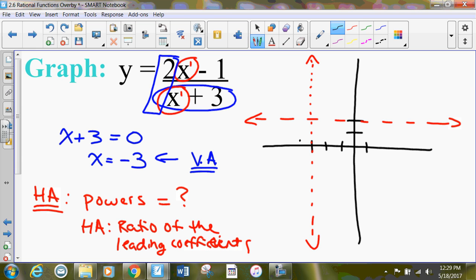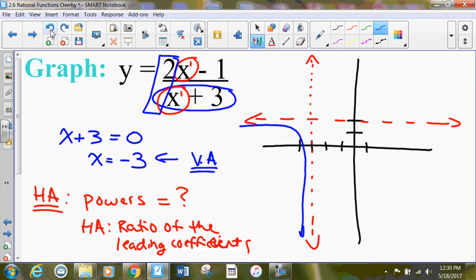So aren't you curious to know what happens on the left side of the vertical asymptote? Because depending on what we get when we plug in something to the left of the vertical asymptote, our graph could either look like this, or, let's undo that.